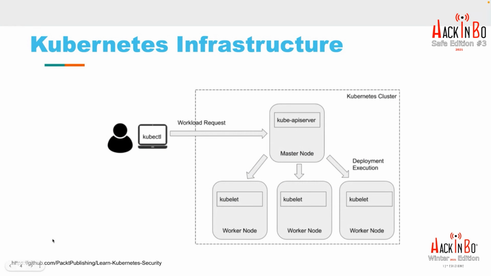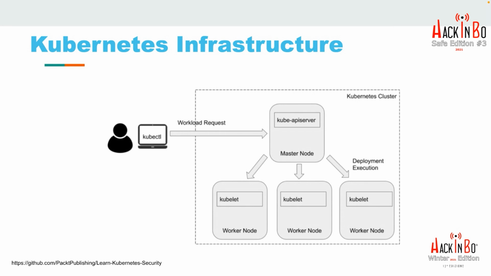Before starting with the two components mentioned before, let's take a step back to see briefly how Kubernetes works. In a Kubernetes environment, we have a master node where the kube API server is placed. When the user wants to execute commands on a cluster using the command line kubectl, the user is actually interacting with the kube API server.